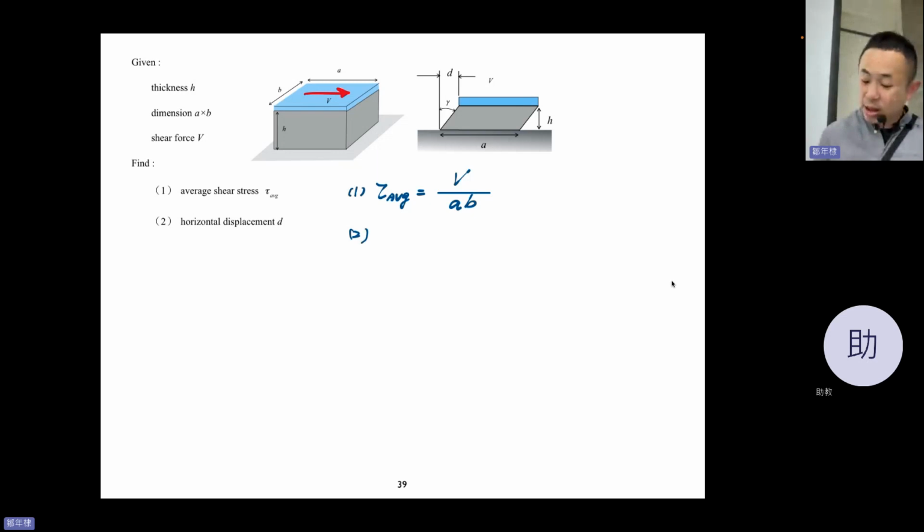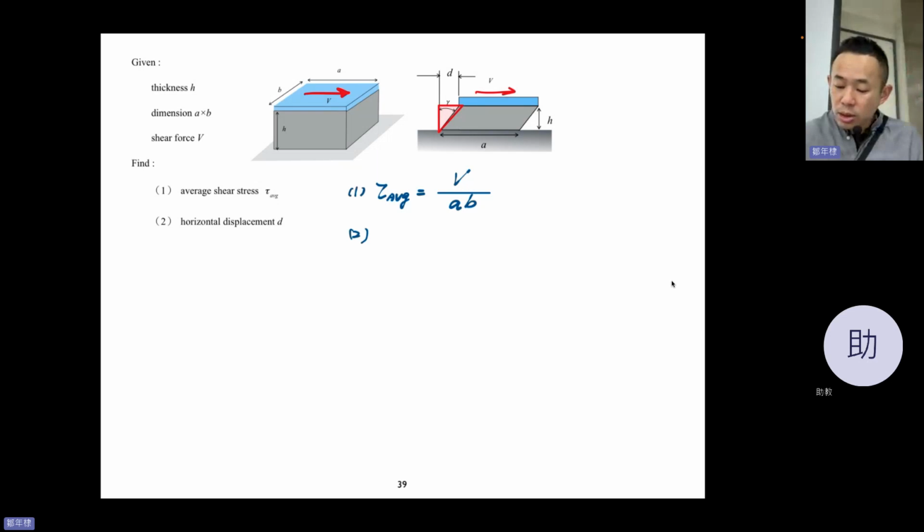The second one is the horizontal displacement. Horizontal displacement looks like this. If you have the force from left to right, this gray stuff will become a parallelepiped, 平行六面体. Then you will notice that it has a displacement in the horizontal direction.